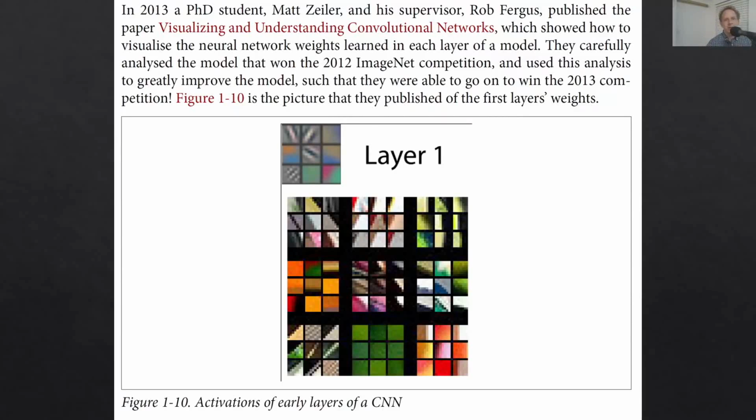And so they took this 7-layer model and they said, what does the first layer of parameters look like? And they figured out how to draw a picture of them. And so the first layer had lots and lots of features, but here are 9 of them. 1, 2, 3, 4, 5, 6, 7, 8, 9. And here's what 9 of those features look like.